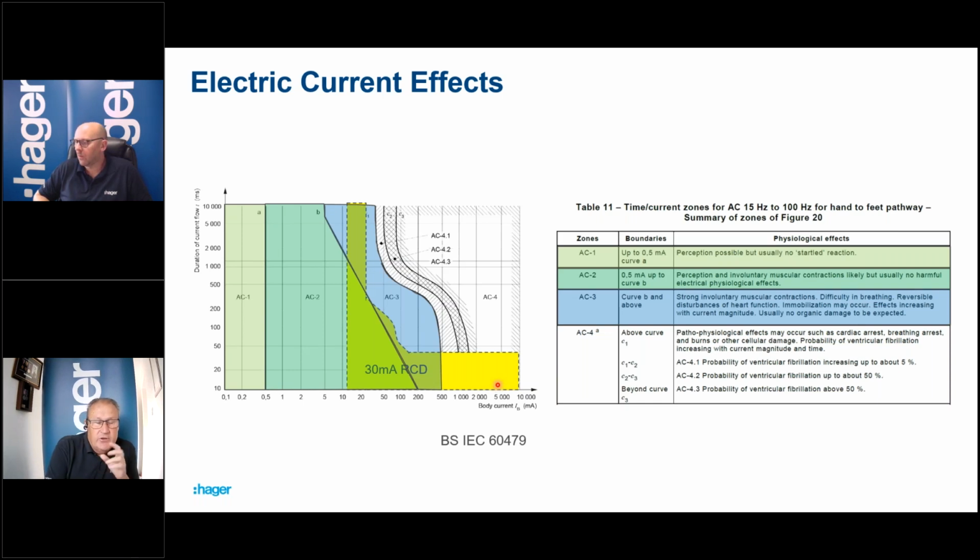So that's why the 30 milliamp one is the one that we use for additional protection against electrocution, I guess. Any 100 milliamps or more would obviously move this yellow area to the right, and that puts more of it into this unsafe zone. So we don't use 100 milliamps, or anything more than 30 milliamps, for additional protection against electric shock.